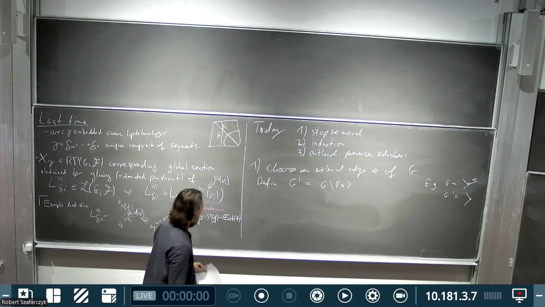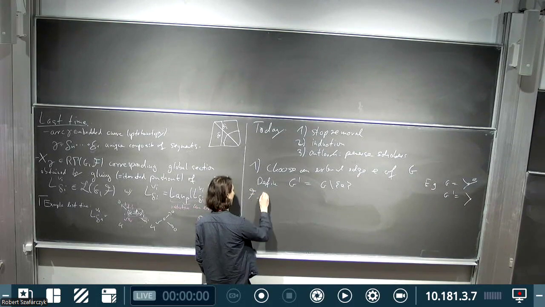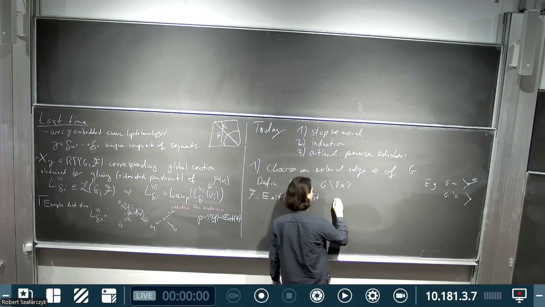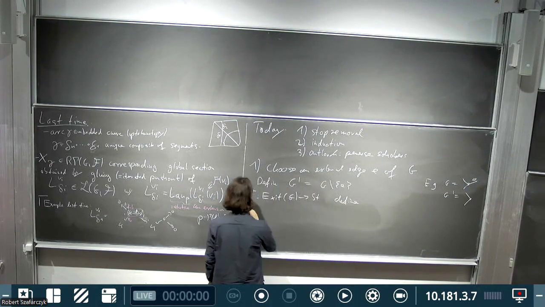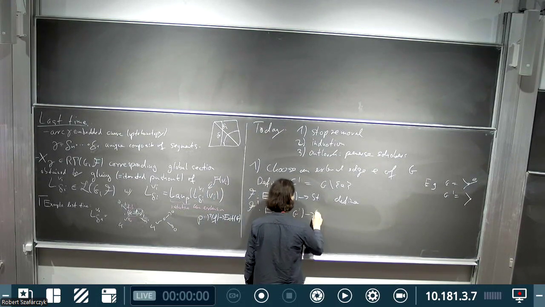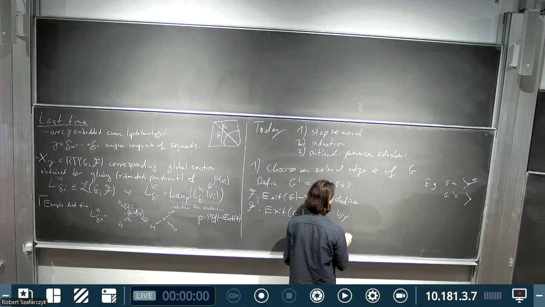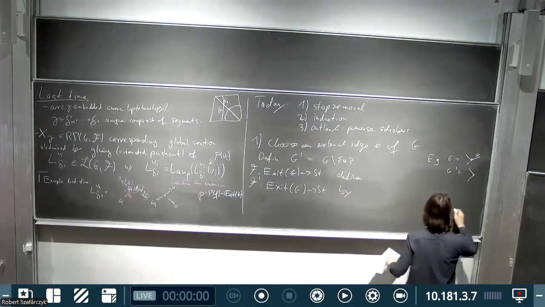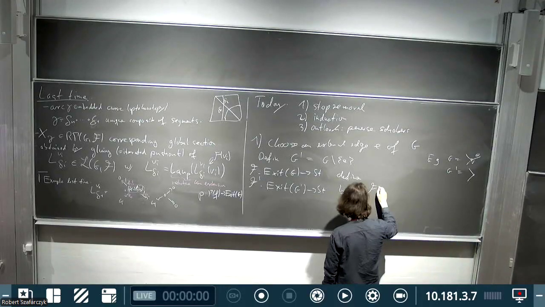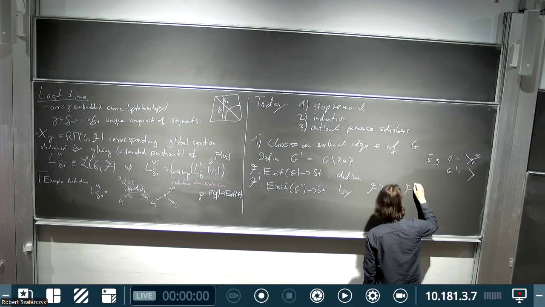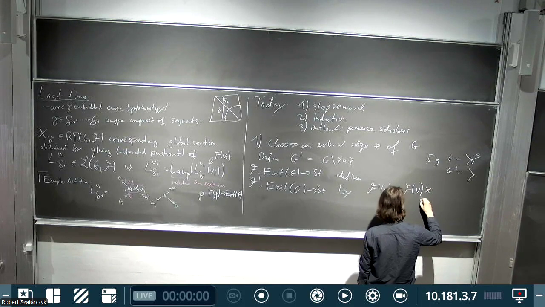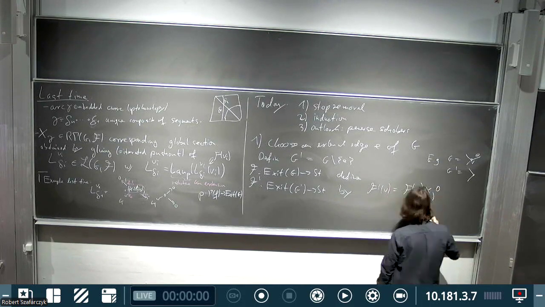Let's do this. Then we want to define, so if we're given F, a constructible sheaf on G, define F prime, a constructible sheaf on G prime, as follows. Let V be the vertex incident to E. So we set F prime of V to be the fiber product of F of V over F of E and 0.